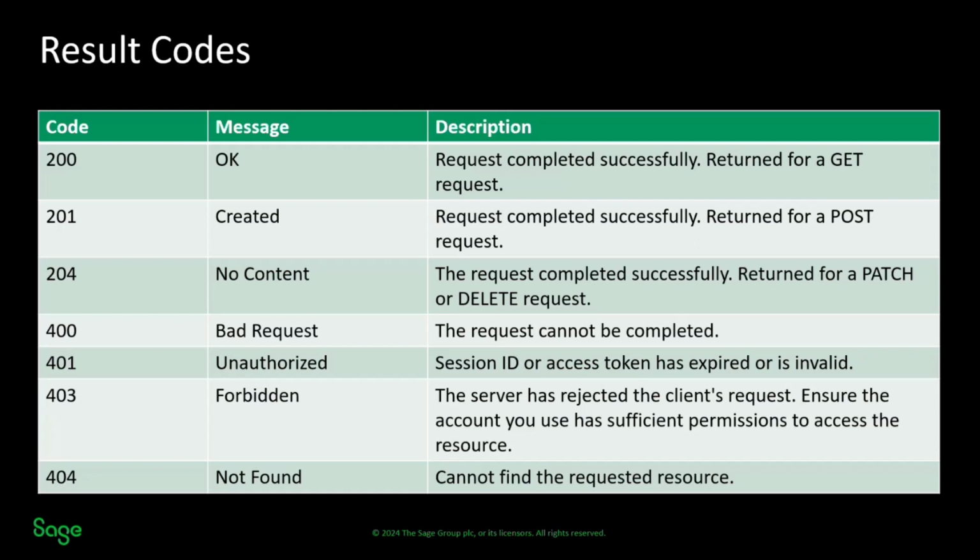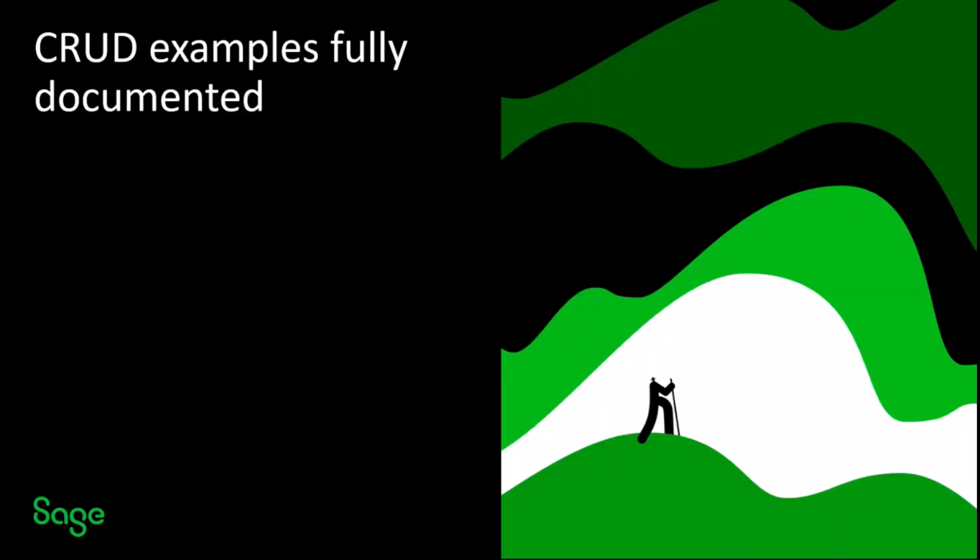But you can see that if there's an error, it's a 400 or a 401 typically, bad request. So we need to look out for those codes and understand what they are. They can then help us work out where and how the error has happened.